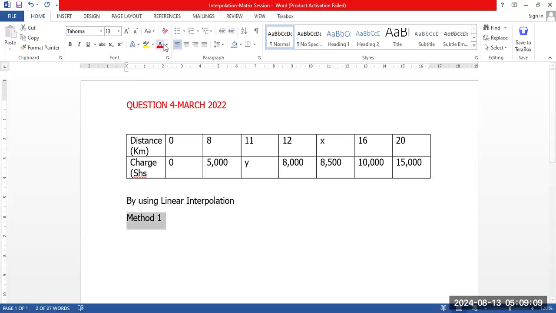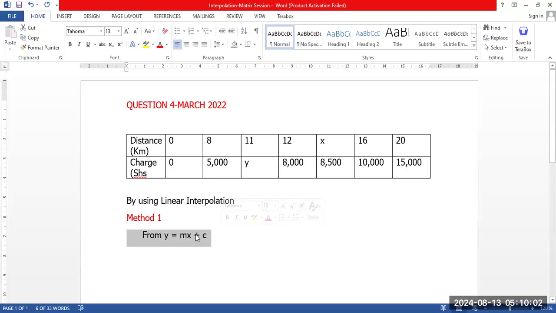This is where you're going to use your equation of a line, y is equal to mx plus c. We create the relationship between the independent variable and the dependent variable. We normally use this method.